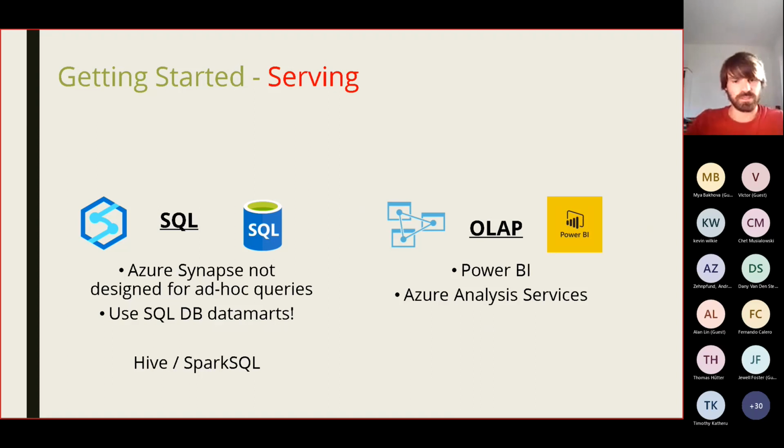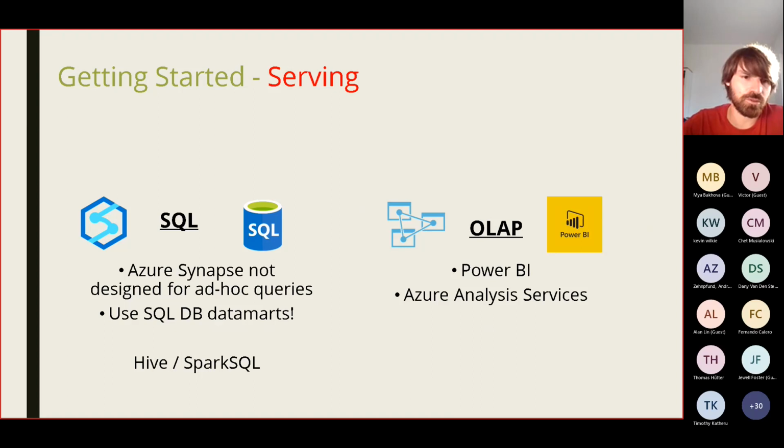It has to distribute everything. It has to collect the results back from the workers and send the result back to the client. So there's always some overhead, and it will never be as fast as a regular SQL database that also has optimized indexes and everything.